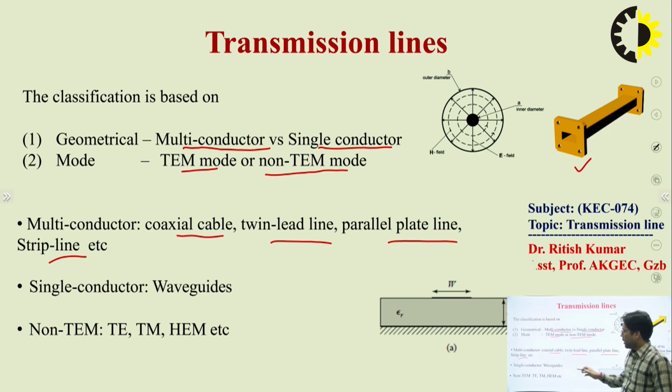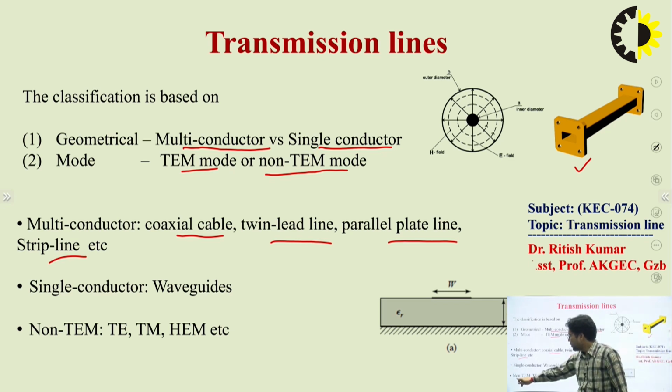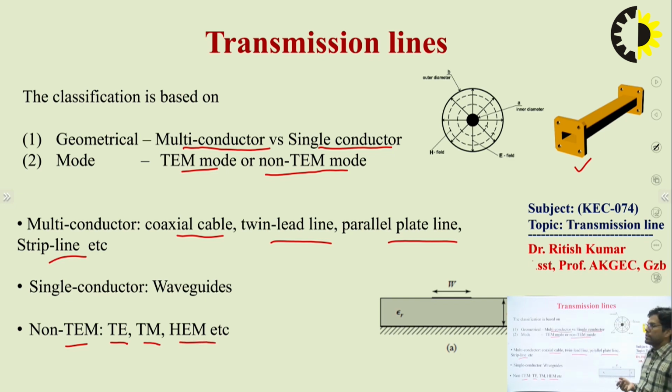Apart from it, the other one, the transmission line based on the mode, is non-TEM mode, as I discussed earlier: TE mode, TM mode, and HEM mode. What is the meaning of TE mode? TE mode is the transverse electric mode, while TM mode is the transverse magnetic mode. As we talk about the transmission line, as we know, the transmission line mainly works at very high frequency.